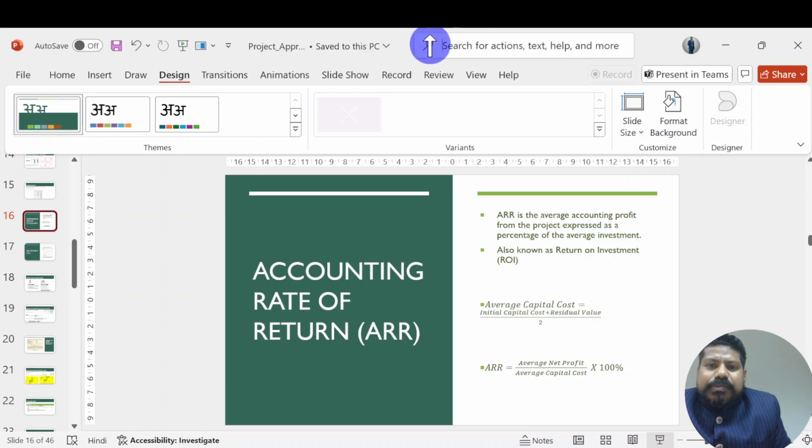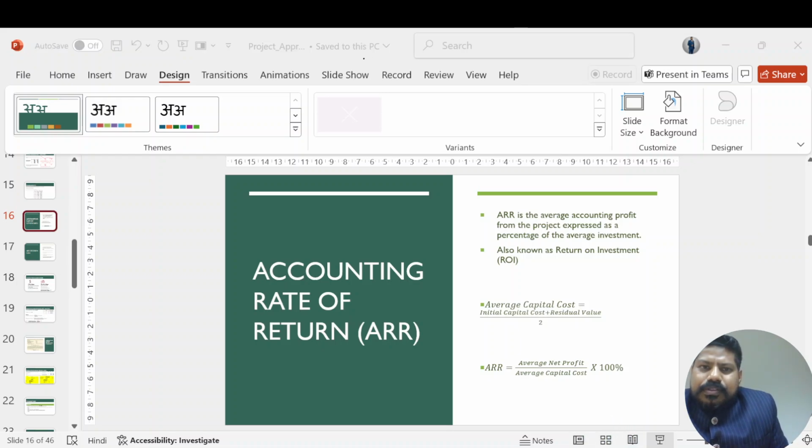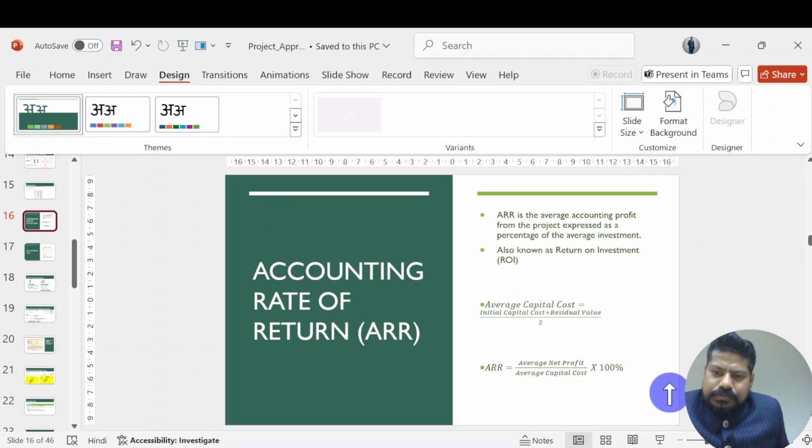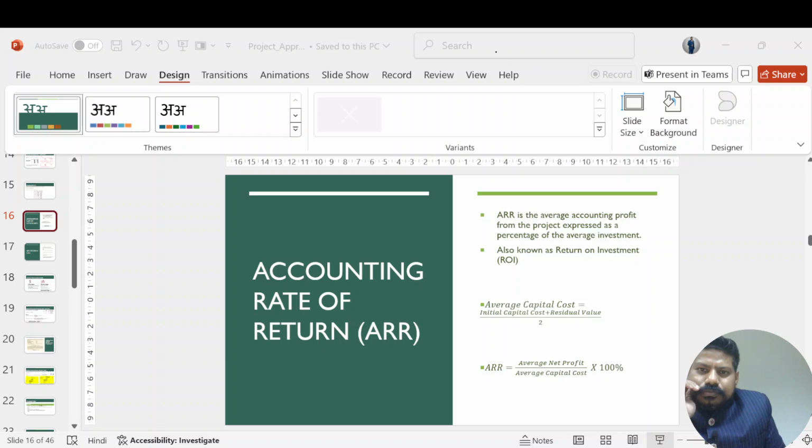Value both in terms of tangible and intangible. So this is the crux.